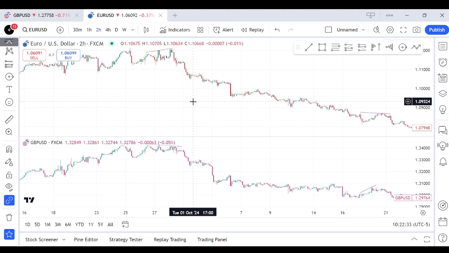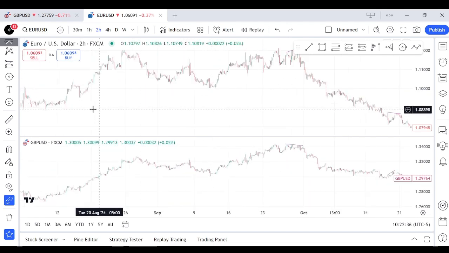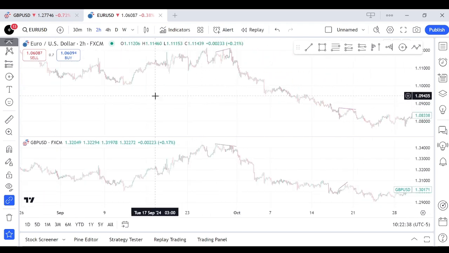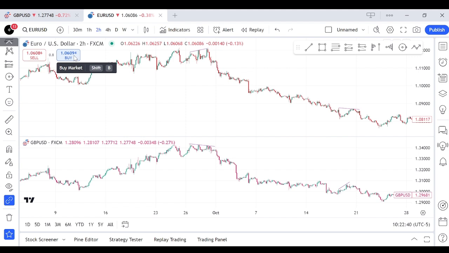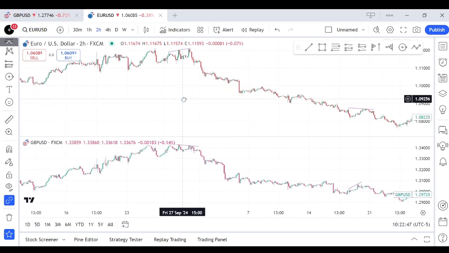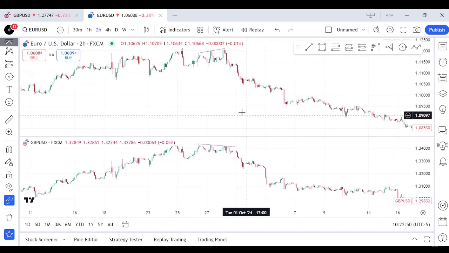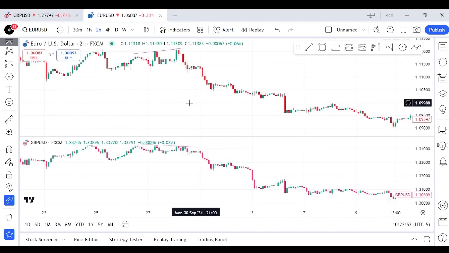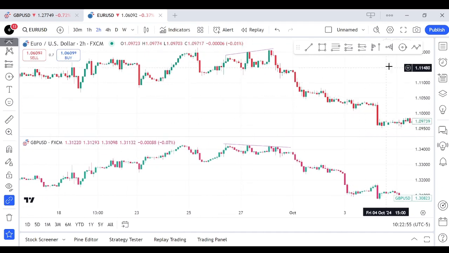For example, you can see we were in an uptrend here on both GBP USD and Euro USD. Both pairs were bullish, but you see Euro USD making higher highs right here. Let me zoom in. You can see Euro USD making higher highs right here.